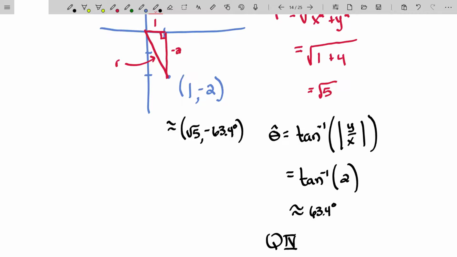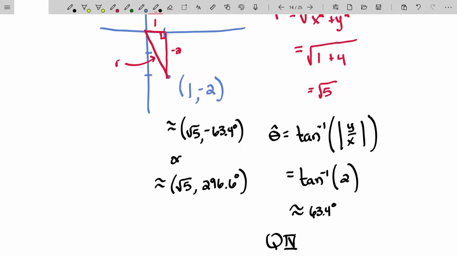If you're working in an online homework system and they say your angles must be between 0 and 360, well then take 360 and subtract off that 63.4 degrees. So I'll say, or it could have been written as root 5, 296.6 degrees.